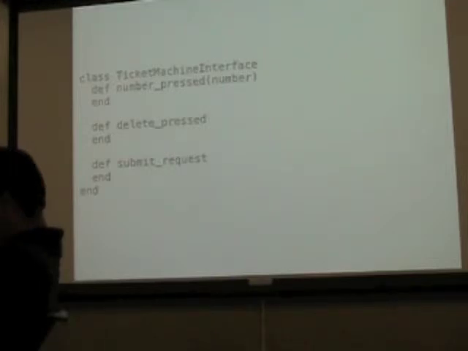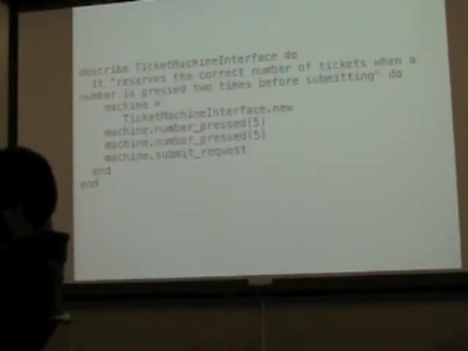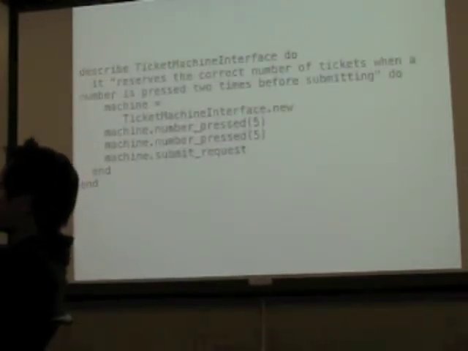Presumably something is talking to this object, right? And so it has number pressed, delete pressed, submit request. And the first thing I'm going to do is write a test like this. I'm going to say it reserves the correct number of tickets when a number is pressed 2 times before submitting. And I'm going to write out how I would use this object. Machine equals ticket machine interface new.